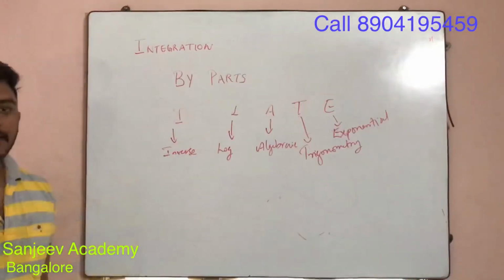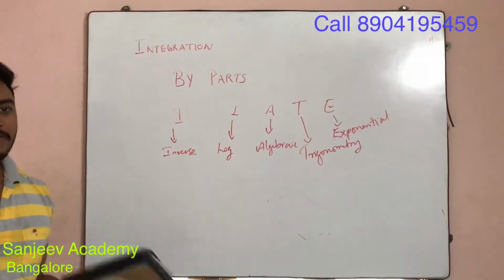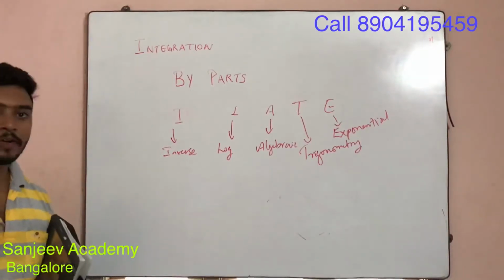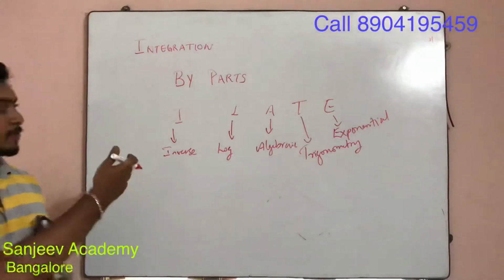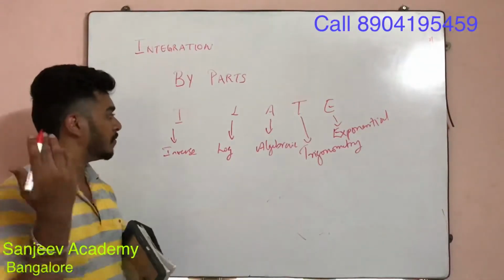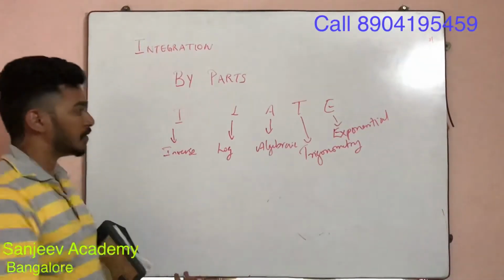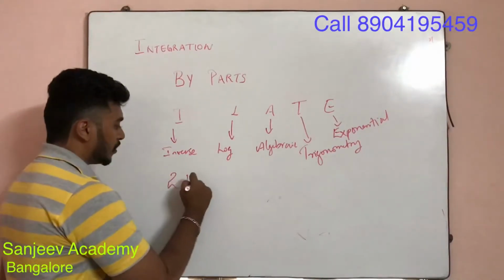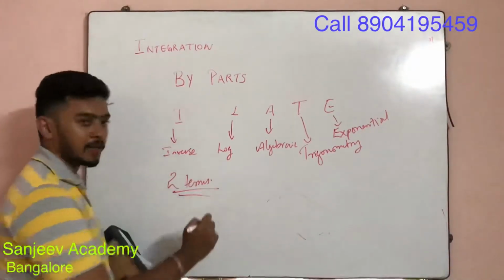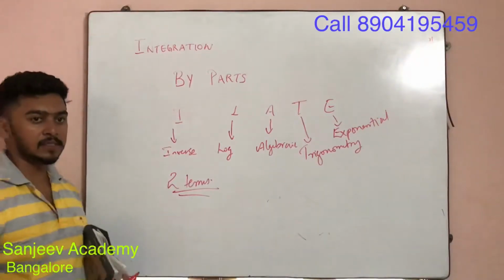So the next one is integration by parts, which is very easy compared to all other things. By parts means there are two terms, so here we talk about two functions.